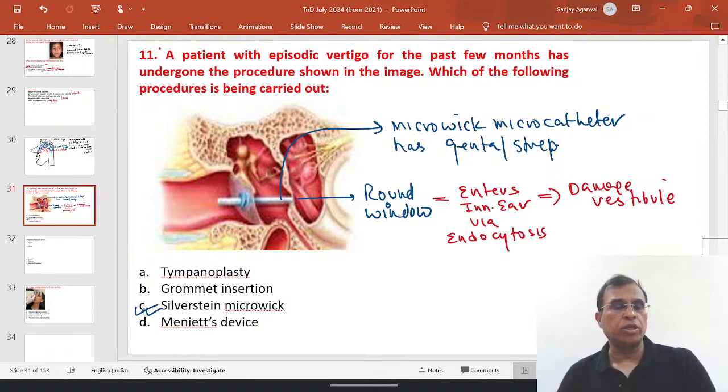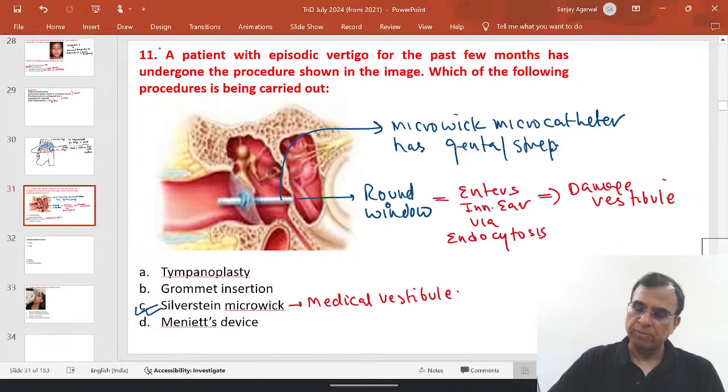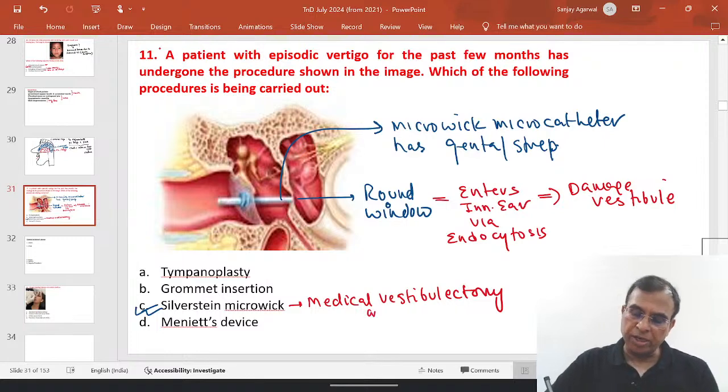Once the vestibule is gone, the vertigo is gone, and that's why this procedure is called medical vestibulectomy, because the medicine is damaging the vestibule. As you can see from the way I have explained it, it is also called intratympanic gentamicin, because through this tube the gentamicin is placed in the middle ear.